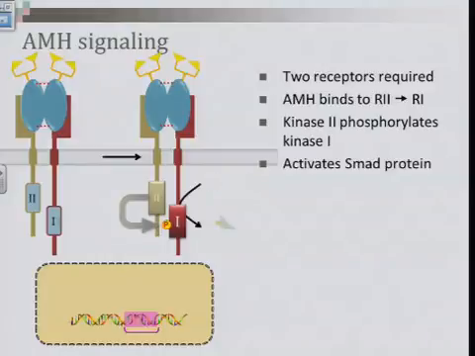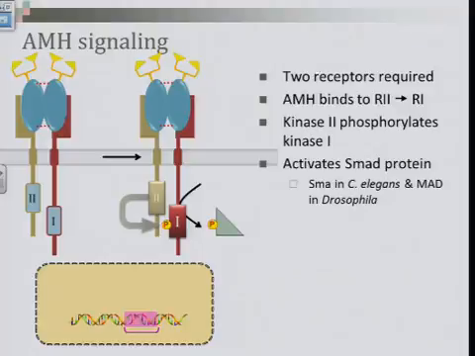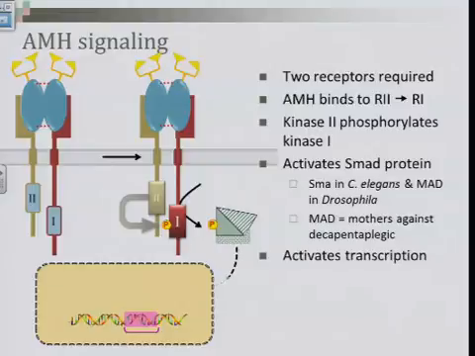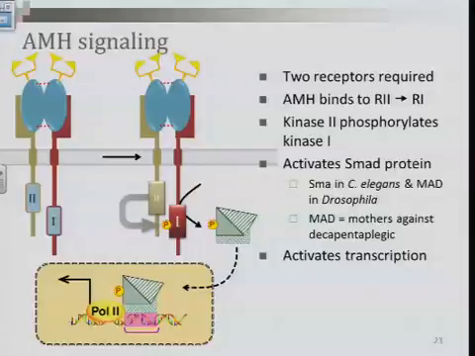That serine threonine kinase then phosphorylates a transcription factor called SMAD, which came from a combination of SMA in C. elegans, a worm, and MAD in Drosophila. MAD stands for Mothers Against Decapentaplegic. Drosophila people just love these weird names. And then that complex activates the transcriptional program that leads to development of a male.